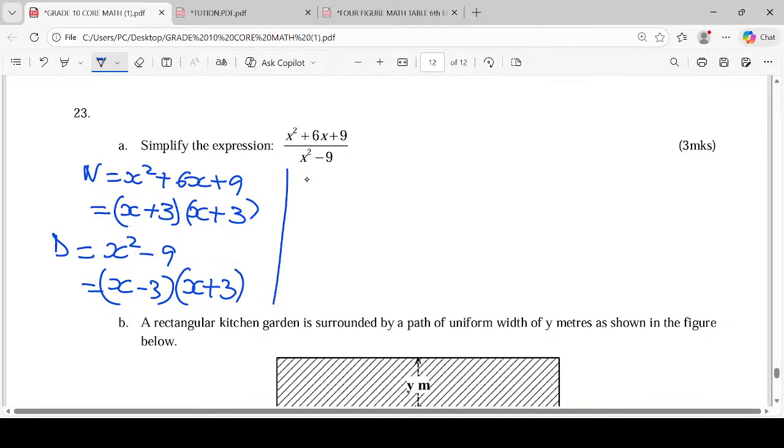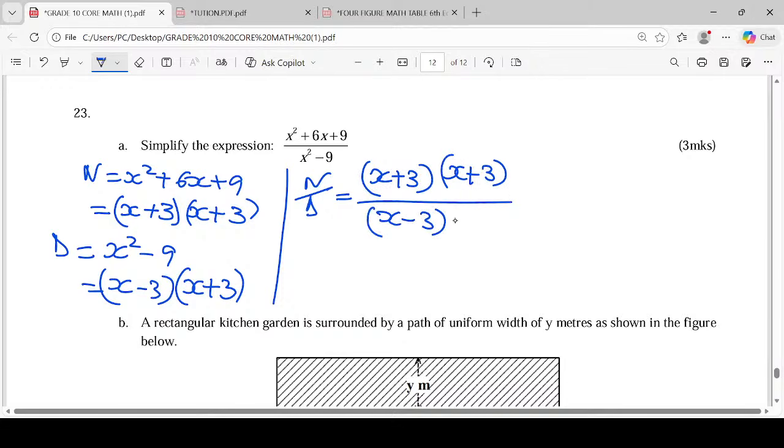So when you write the numerator divided by the denominator, it will be x plus 3 times x plus 3, all over x minus 3 times x plus 3. This one and this one cancel. So the answer here will be x plus 3 over x minus 3. That is the answer to part A.